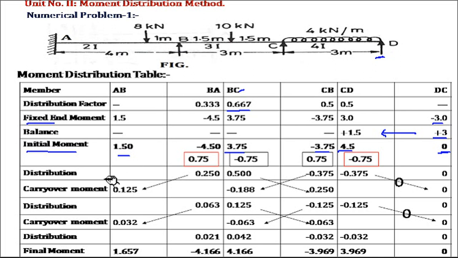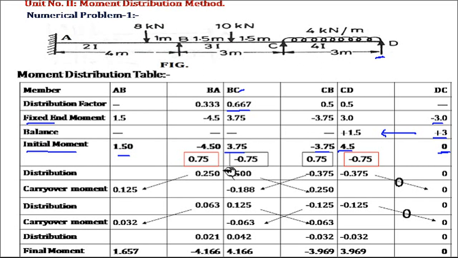The next step is the distribution process. Consider joint B, where two members, BA and BC, are connected. To keep joint B in equilibrium, the moment in member BA plus the moment in member BC should be equal to 0.